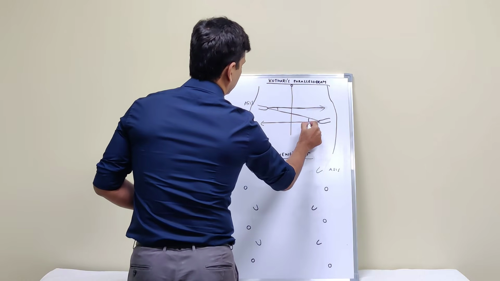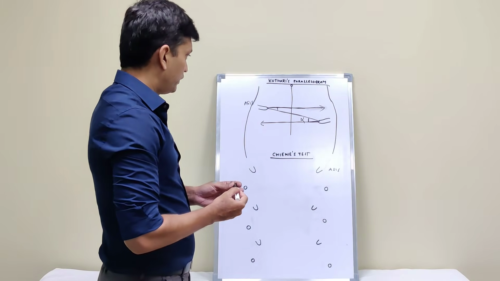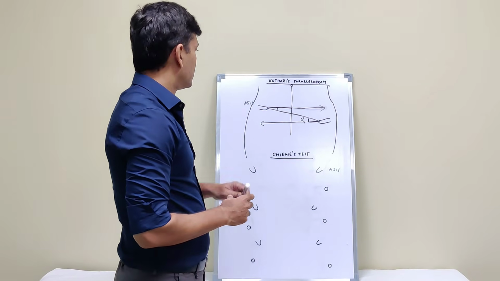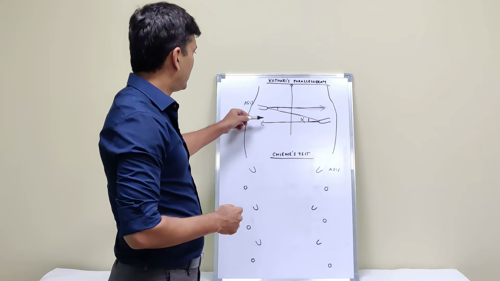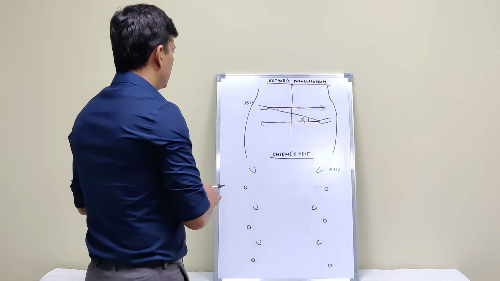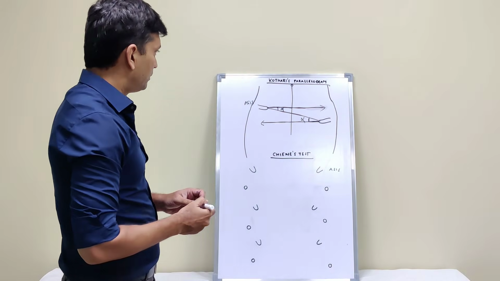Now this angle which is made, name it alpha angle or whatever you want to name it, will be your fixed abduction deformity. Similarly, if this side had an adduction deformity and the ASIS was higher, this angle will be the adduction deformity. So you can measure it easily.